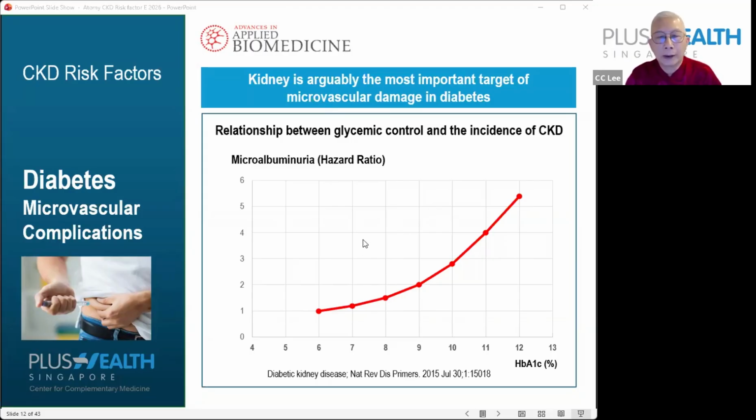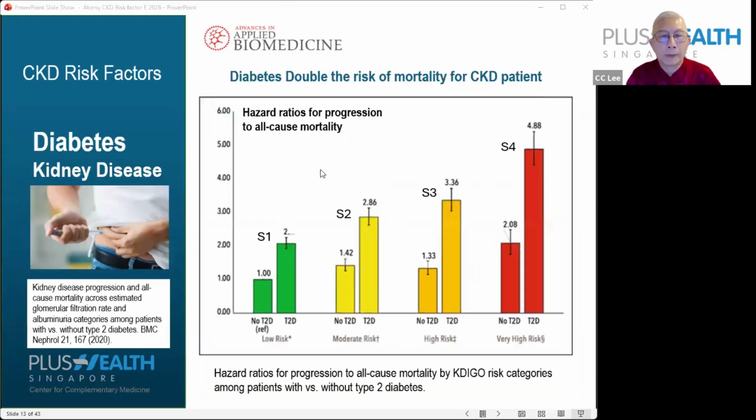So basically, if you are suffering from diabetes, one of your major complications is kidney damage. Another way to look at it is that diabetes doubles the risk of mortality for CKD patients.